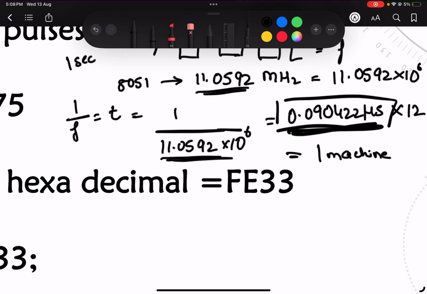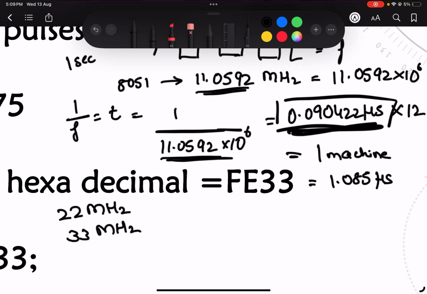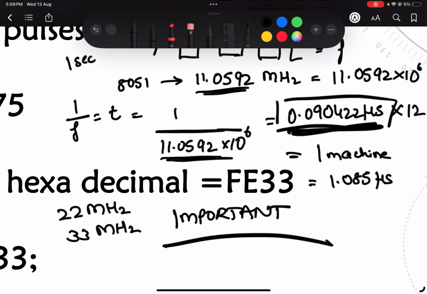You do 1 by this value and multiply by 12, you will get 1.085 microseconds. However, in some questions, they might say that it's a 22 megahertz crystal or a 33 megahertz crystal. In that case, this is an important calculation. Now, let's proceed with whatever we were doing.